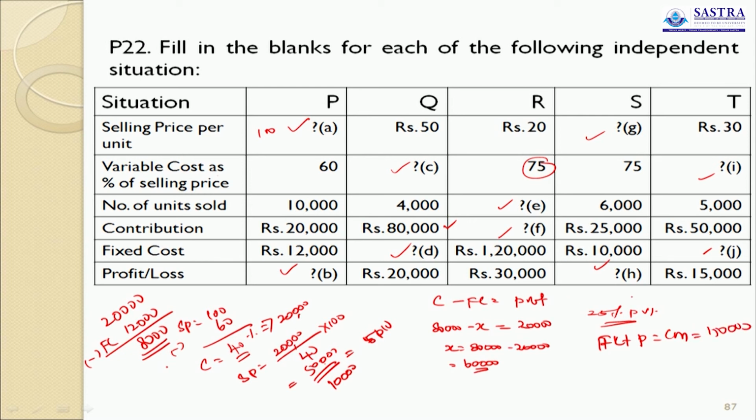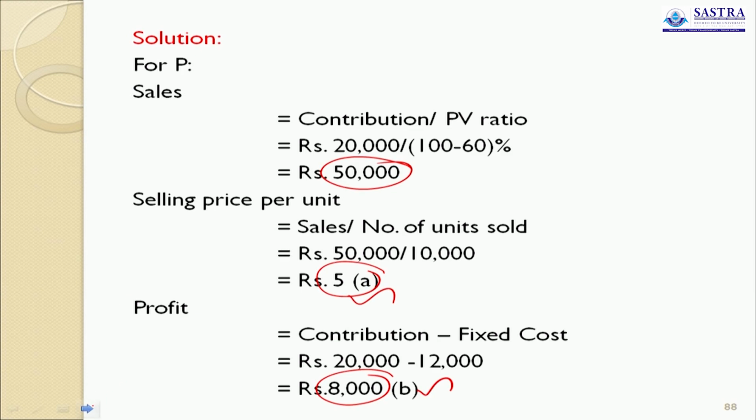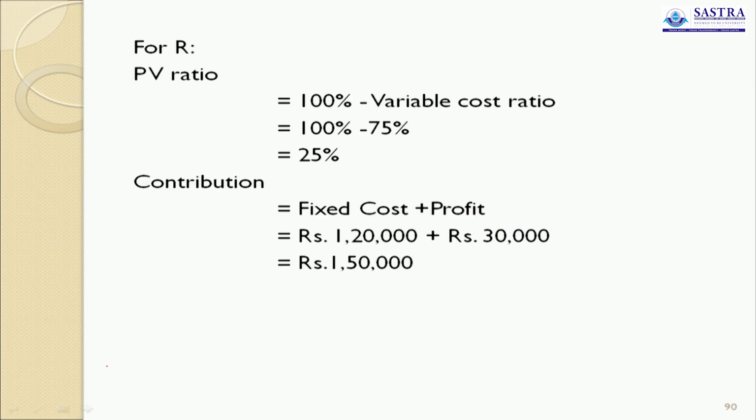This 1,50,000 is equivalent to 25%, 75 for variable cost, 100 for sales. This is the way of calculation for situation R. So in situation R, PV ratio is 25, so contribution, fixed cost plus profit, is 1,50,000.